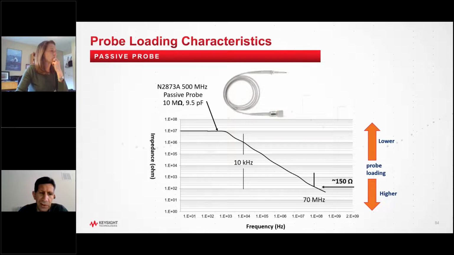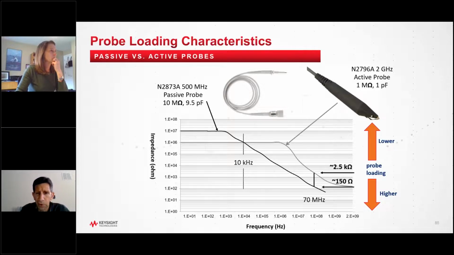The capacitance takes over and lowers the impedance of the probe, which increases the loading on the signal under test. So this is for a passive probe, and then the active probe. You see it starts out at DC with an order of magnitude lower input impedance, but it does have much lower capacitance.